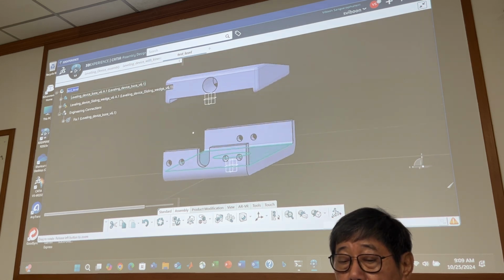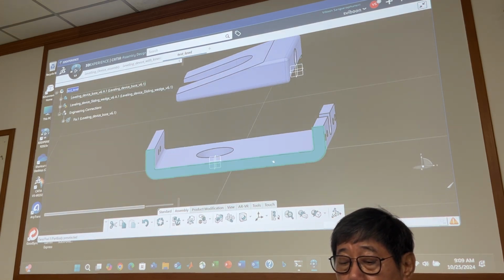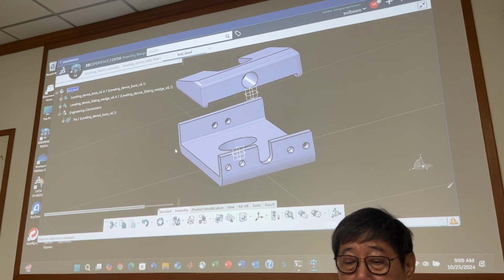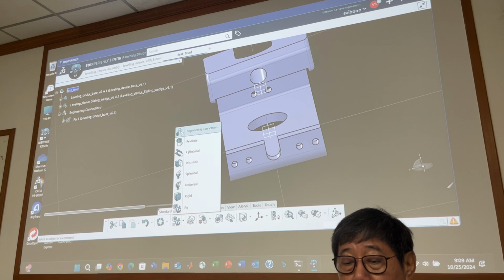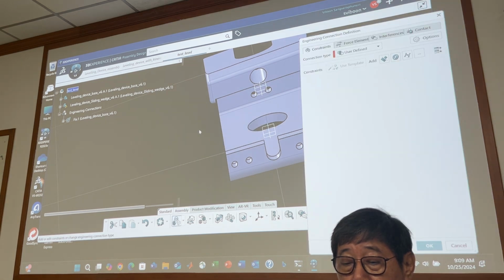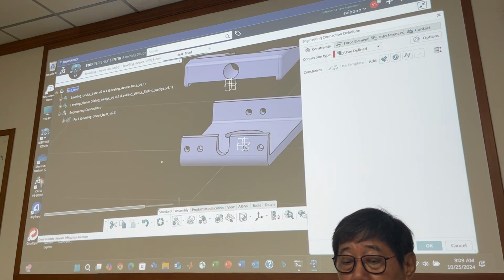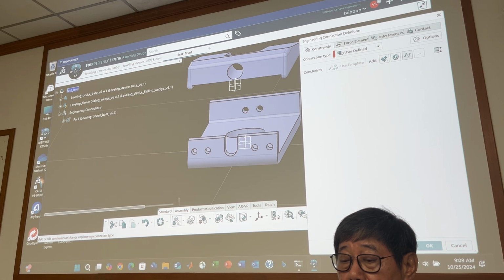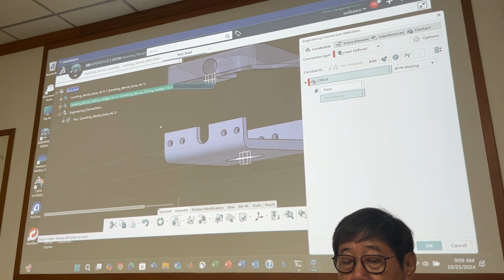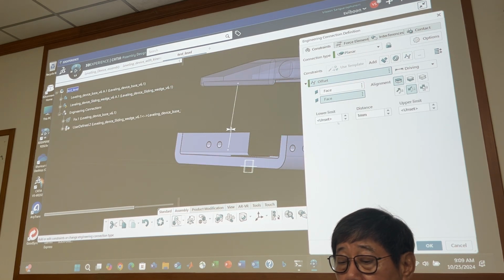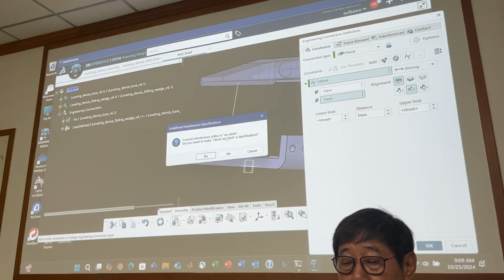So we need an offset on both sides. I can do this one by just using the usual engineering connection. First of all, I put the offset first. I select this one and select this one. Offset by millimeter. Okay. You want to check for crash? Yes.